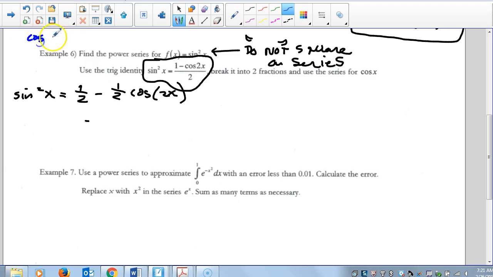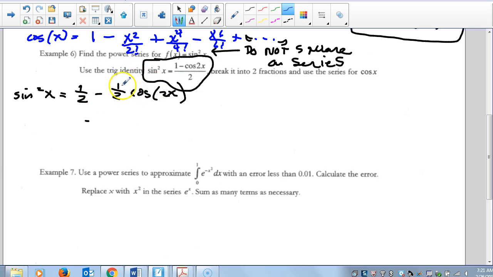Cosine of x. You're going to be tired of me writing this, aren't you? 1 minus x squared over 2 factorial plus x to the 4th over 4 factorial minus x to the 6th over 6 factorial plus blah blah blah.